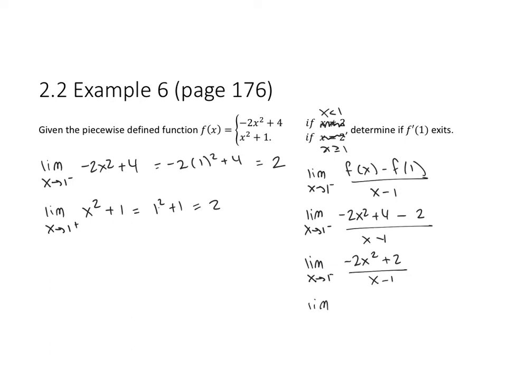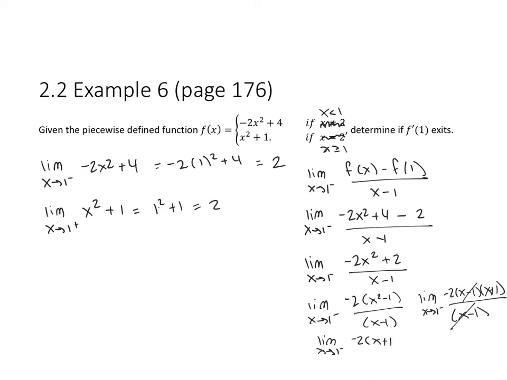So we have the limit as x goes to 1 from the left, negative 2 times x squared minus 1 over x minus 1, which is the limit as x goes to 1 from the left, negative 2 times x minus 1, x plus 1, all over x minus 1. I can cancel my x minus 1s, and I'll be able to plug into my limit now. The limit as x goes to 1 from the left, negative 2 times x plus 1, negative 2 times 1 plus 1, negative 4.